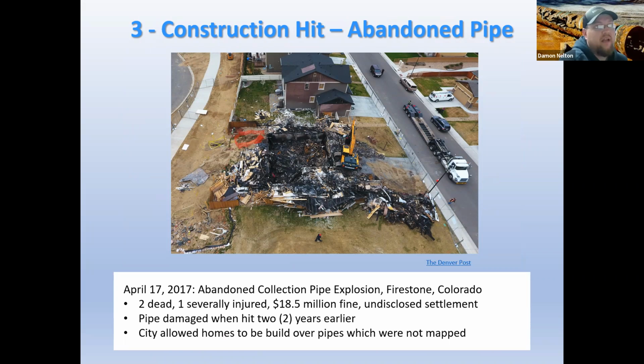Between fines and the undisclosed settlement, this one came in at probably somewhere north of $60 million, all due to an abandoned pipe the city forgot to tell the residents about. Unfortunately, as in other industries, there's a mantra that rules are written in blood. This event prompted a flurry of legislative activity in Colorado to keep a similar event from happening in the future.